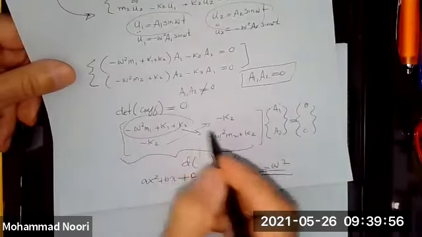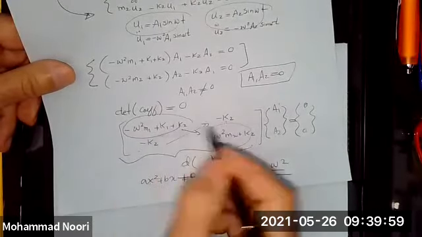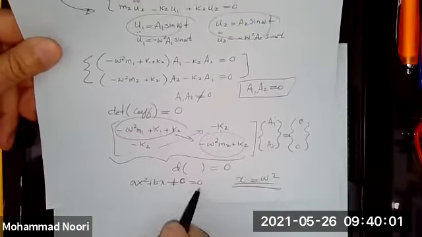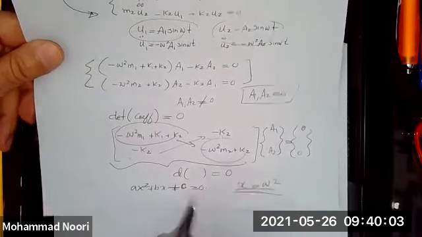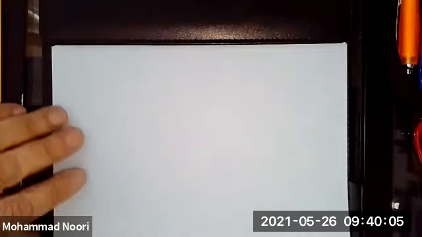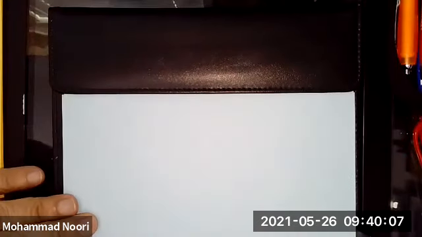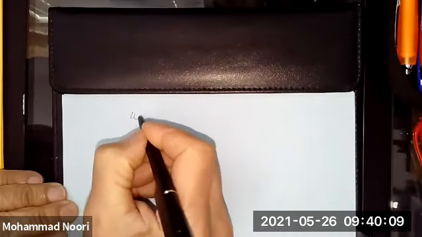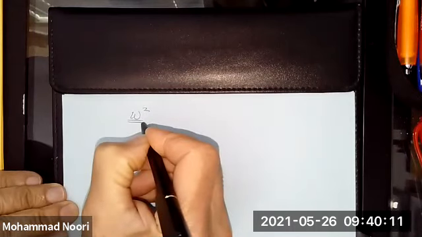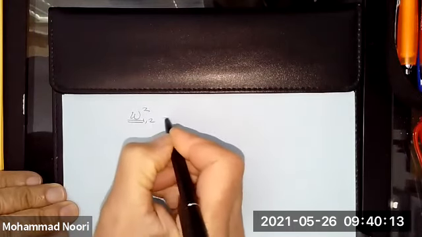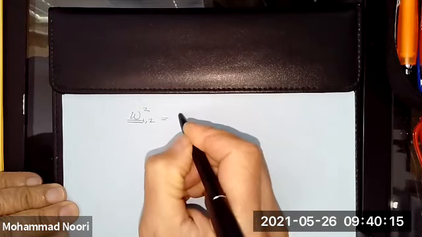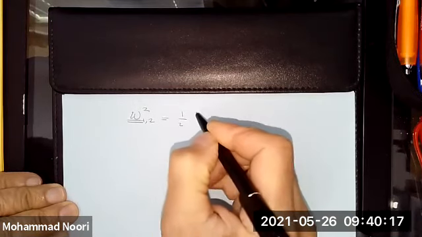What I'm saying is, product of this times that minus this times that. You get the second order, the quadratic equation, and the roots of that equation, that means omega squared 1 and 2, can be easily found from this relationship.